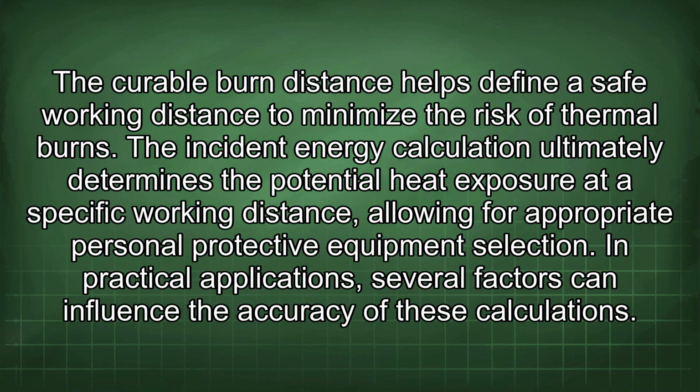The curable burn distance helps define a safe working distance to minimize the risk of thermal burns. The incident energy calculation ultimately determines the potential heat exposure at a specific working distance, allowing for appropriate personal protective equipment selection.